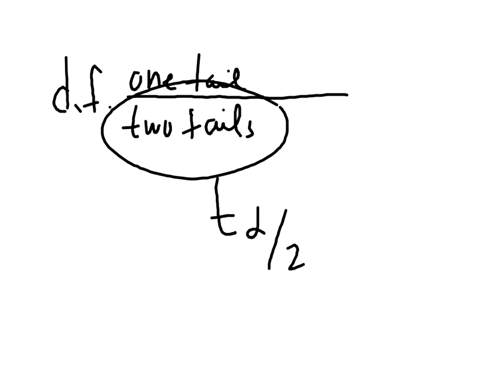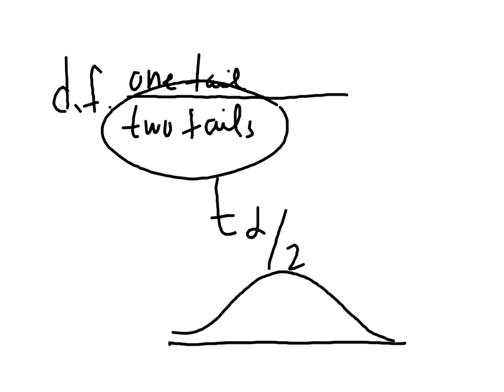This may or may not be a perfect representation of a t-curve, but when we say t alpha over 2, we're talking about the area in each of the tails. We can find those values using the tables, which are in the back of our book, Table F.